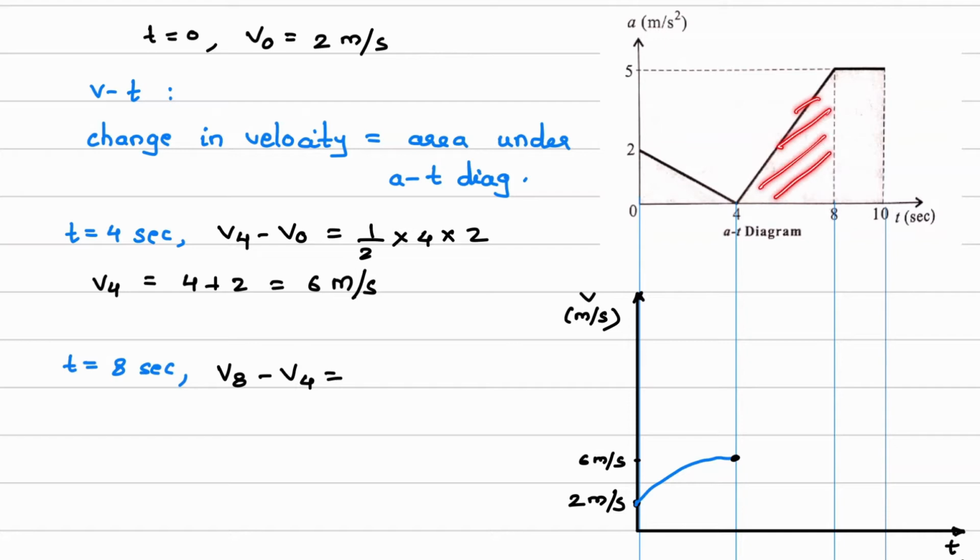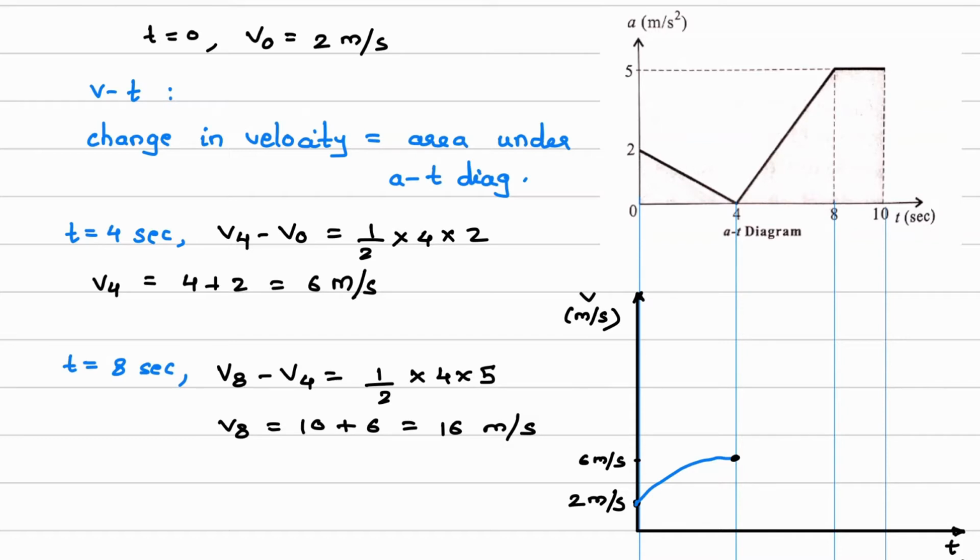What is the area? This triangle. Okay, so what will be area? This is 4, base is 4 and height is 5. So half into 4 into 5. V4 value we have calculated in previous step, which is 6 meter per second. So V8 is equal to 10 plus 6 equal to 16 meter per second.